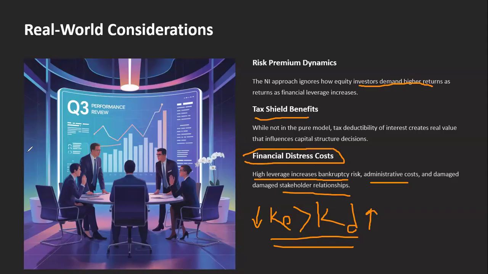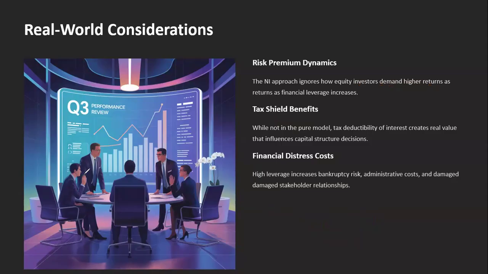Because when the cost of equity is high, then demand for debt will increase. And when demand increases, the supply for debt will not be so high. In that case, there will be an increase in cost of debt and the theory fails. So whatever the three assumptions are, if they fail, then this theory also fails.